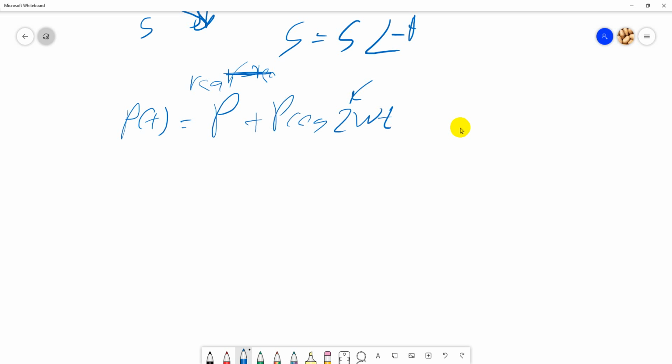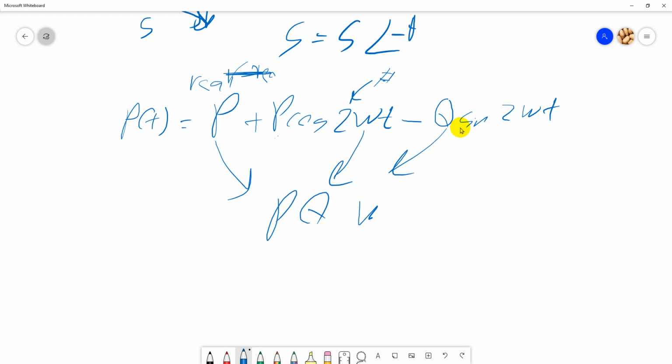Okay, it's important, don't forget it. Minus Q sin 2wt. Remember, you need to know the formula because you have to extract this and this and this: P, Q, and w. And then sometimes they ask you to find p(t).